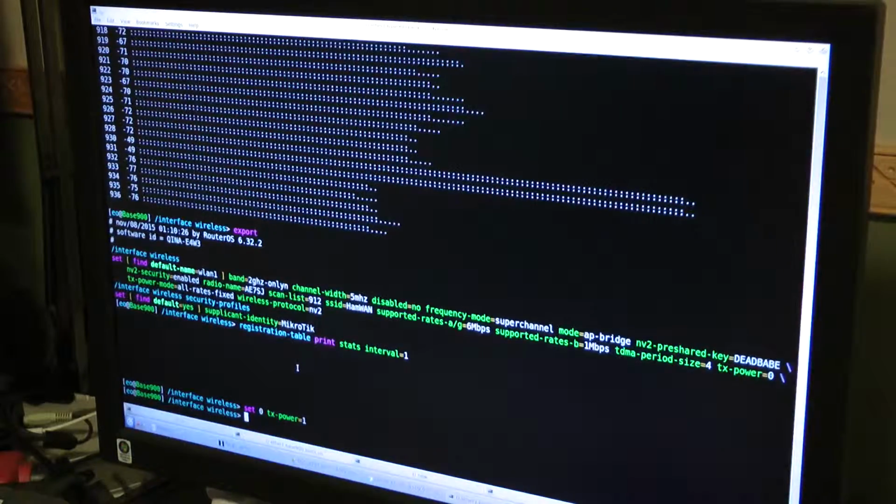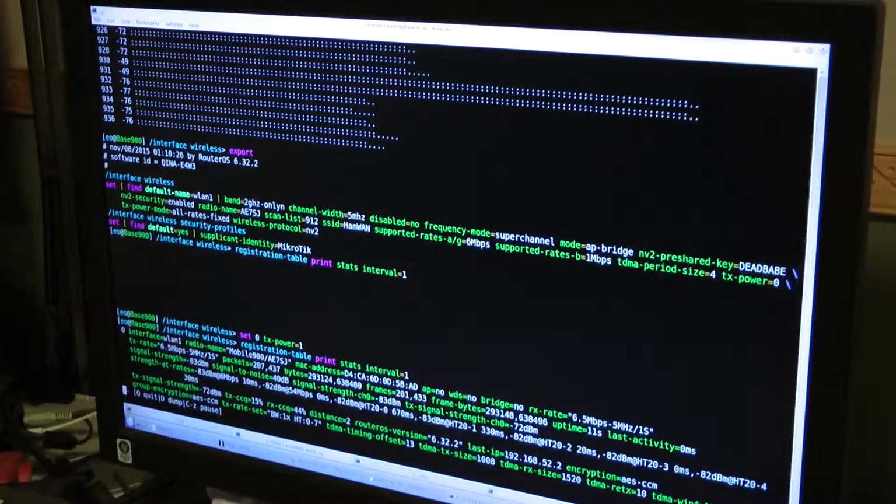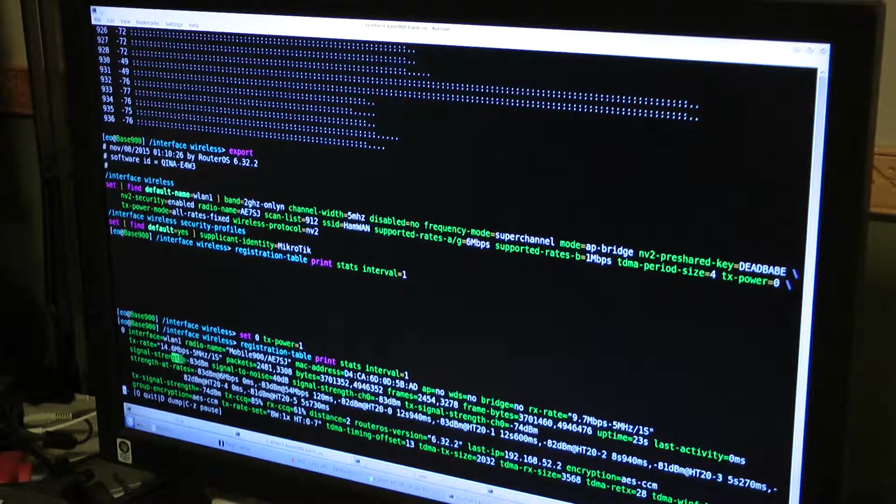And how do we do in terms of performance? Well, that's not bad at all. And that's at minus 82 dBm. Right, received signal minus 83, 82. TX signal is really strong. Again, surprisingly strong.